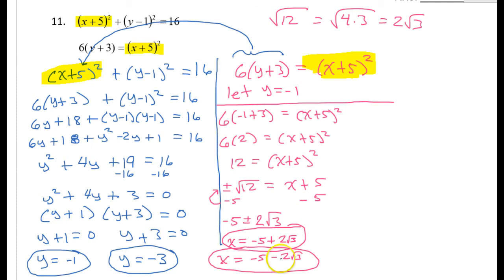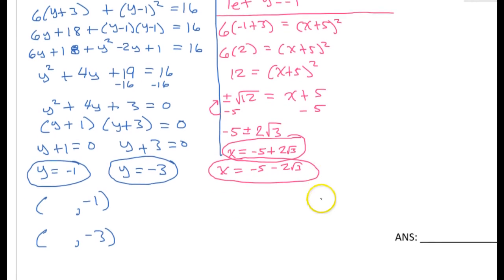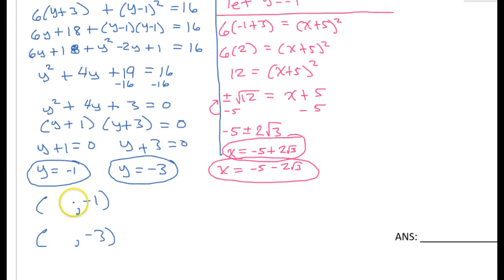Now remember, these two x values go with this one y value of -1. So remember right here where I said something comma -1? Well, that's going to be -5 plus 2 radical 3. Have to squeeze it in there. But because there's two of them, I'm going to have to do another y value of -1.